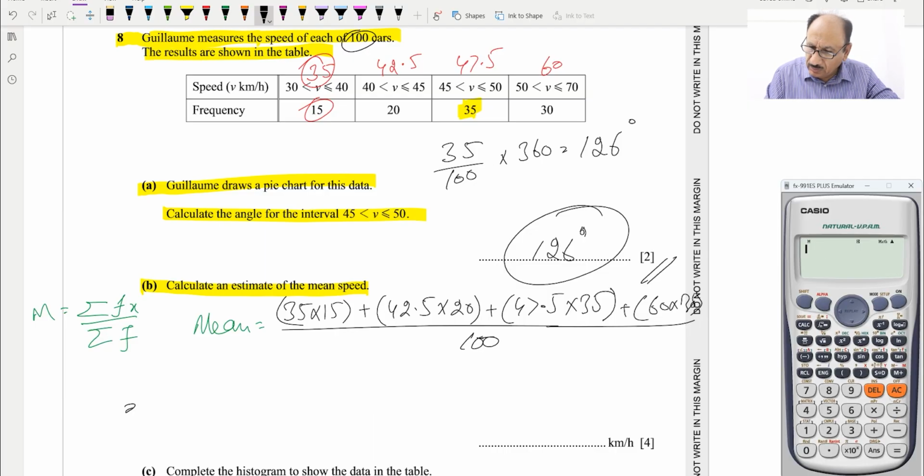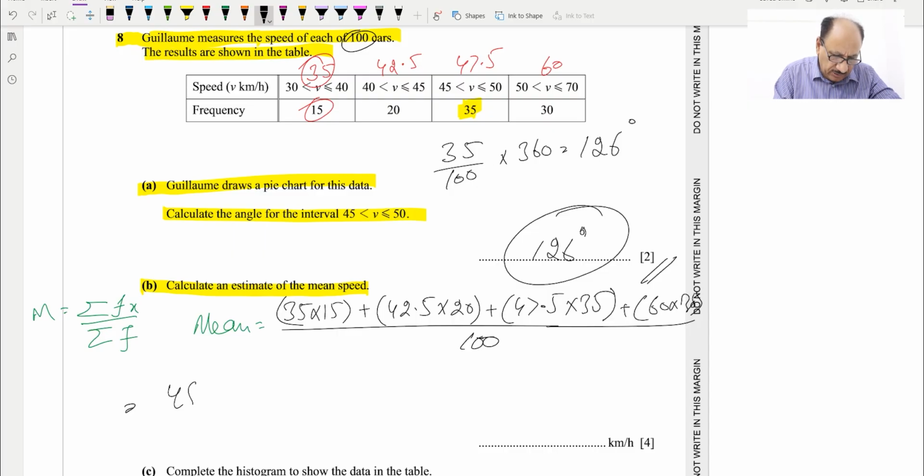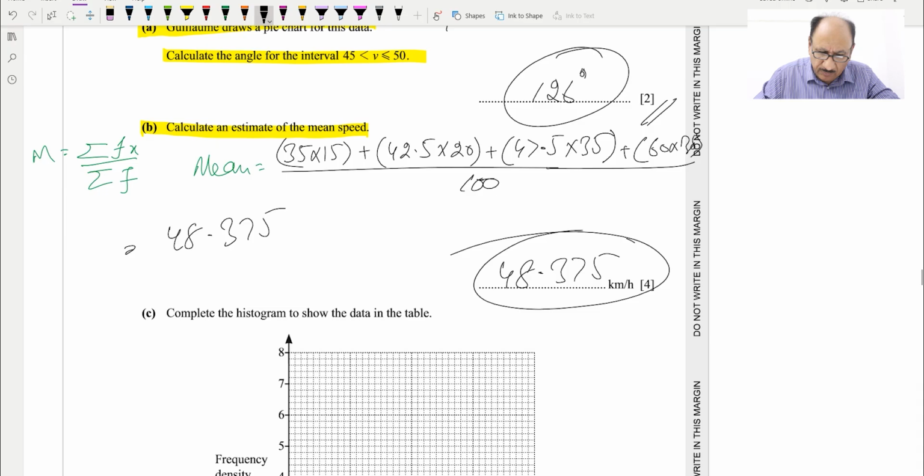The calculation gives us 35 into 15 plus 42.5 into 20 plus 47.5 into 35 plus 60 into 30, divided by 100, giving us 48.375. 48.375 kilometers per hour will be our answer for 4 marks.